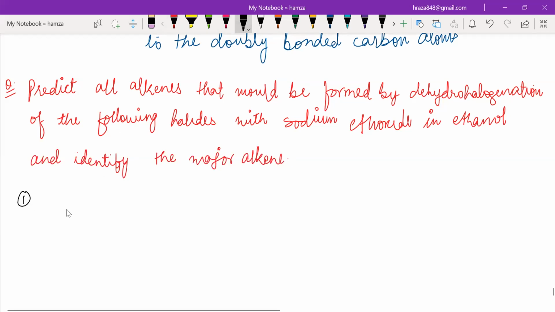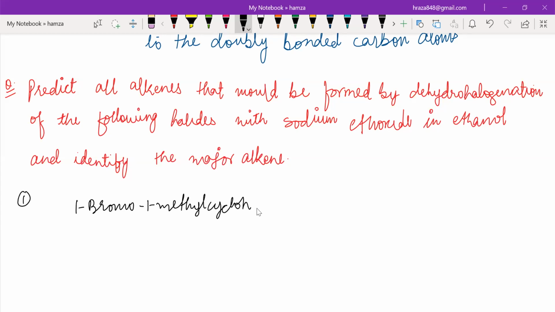So the first question I'm going to give you is 1-bromo-1-methylcyclohexane. It's very easy. In the previous question we wrote potassium hydroxide in alcohol, and here it is sodium ethoxide in alcohol.